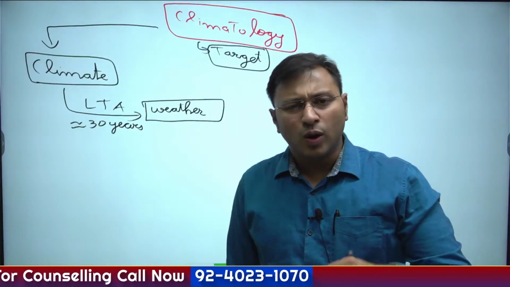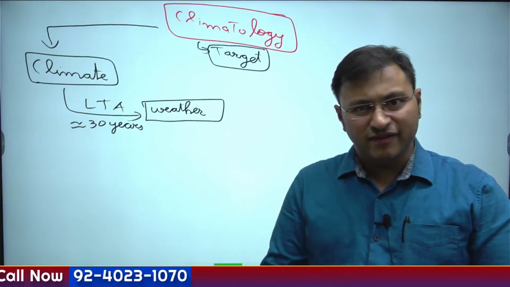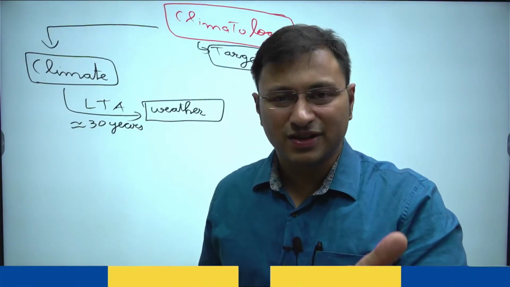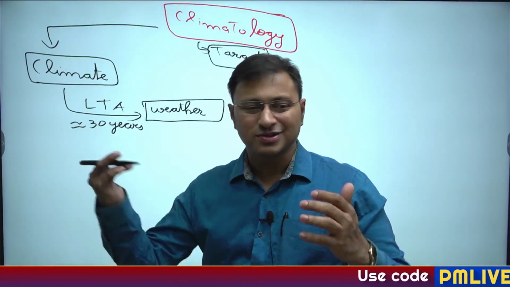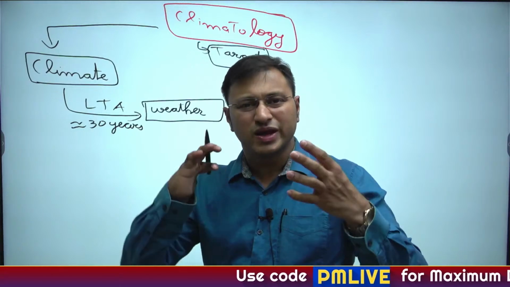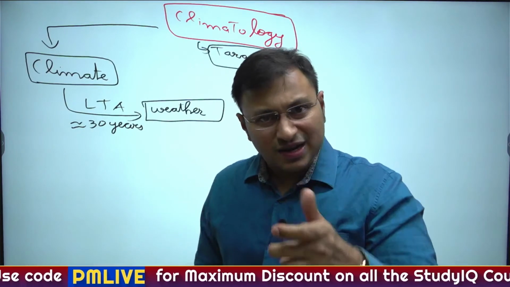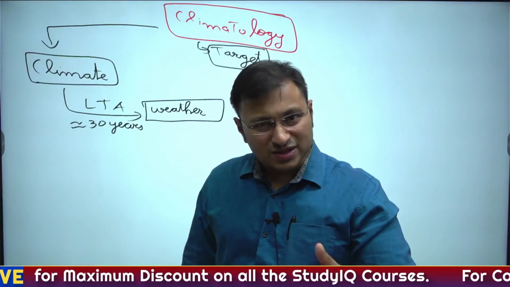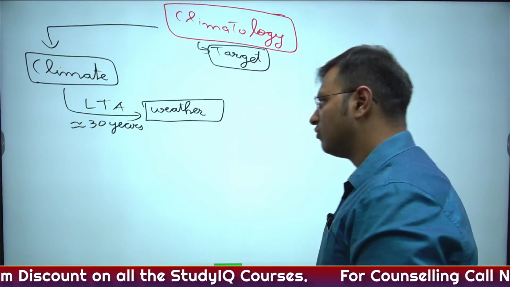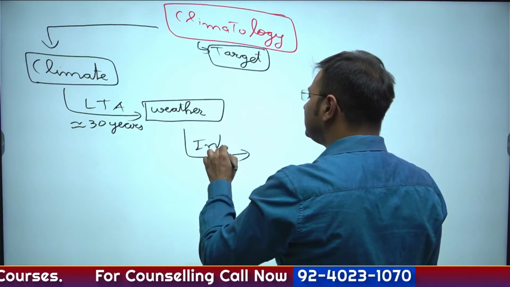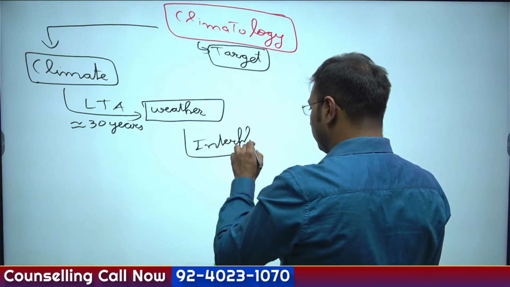Now, what do you mean by weather? See, whenever you call a friend out there, you will always ask how's the weather. You will never ask how's the climate, because climate is what we expect and weather is what we get. So weather is the day-to-day conditions, the day-to-day interplay of what?